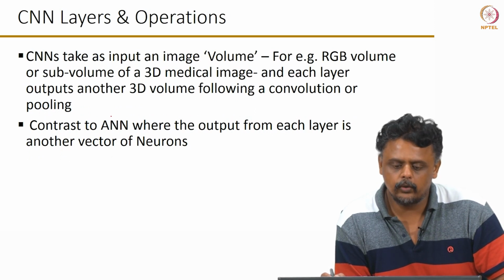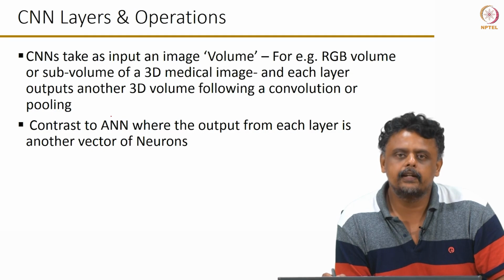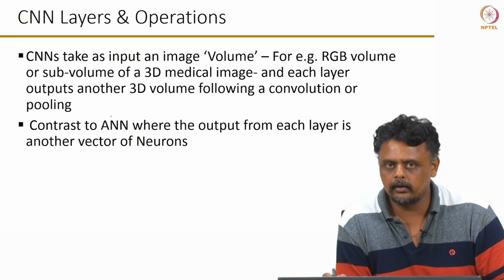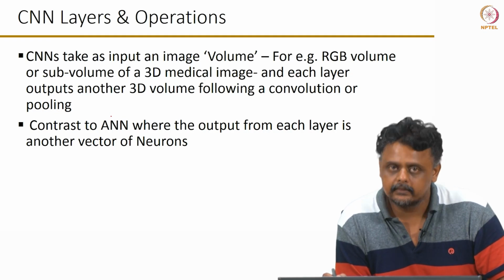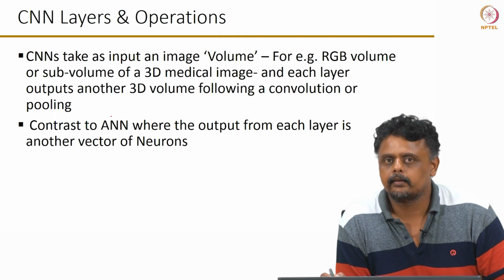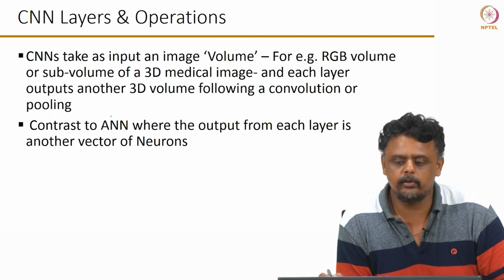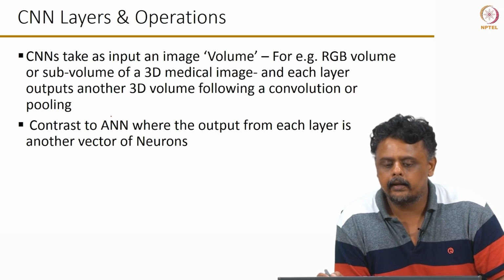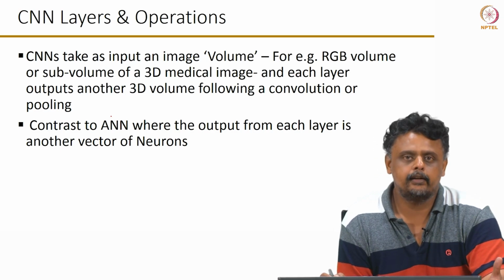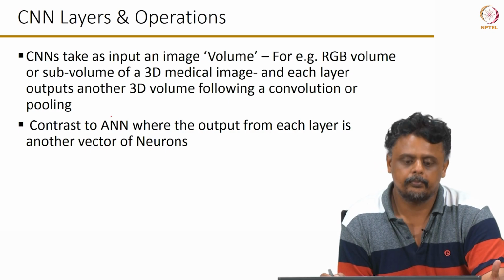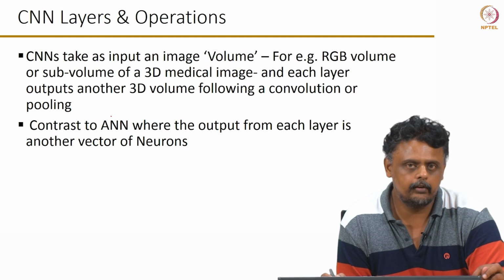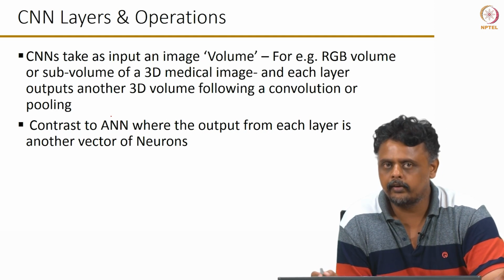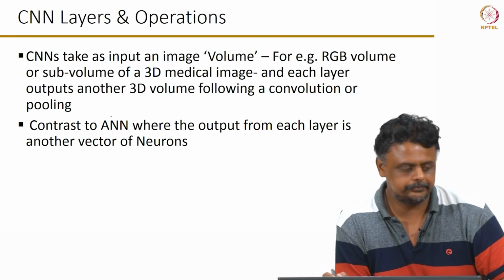Before we go there, just to summarize, CNNs take as input, as we saw earlier, images, but these images can have multiple channels. A simple example is an RGB image, which has 3 channels. So, they take as input a volume, and each layer in a CNN outputs a volume, irrespective of whether it is a convolution or a pooling layer. This is in contrast to ANNs, where the output of every layer is basically another vector of neurons.